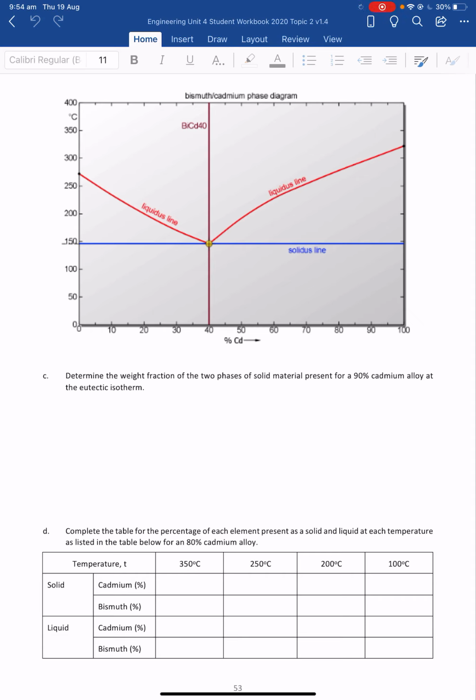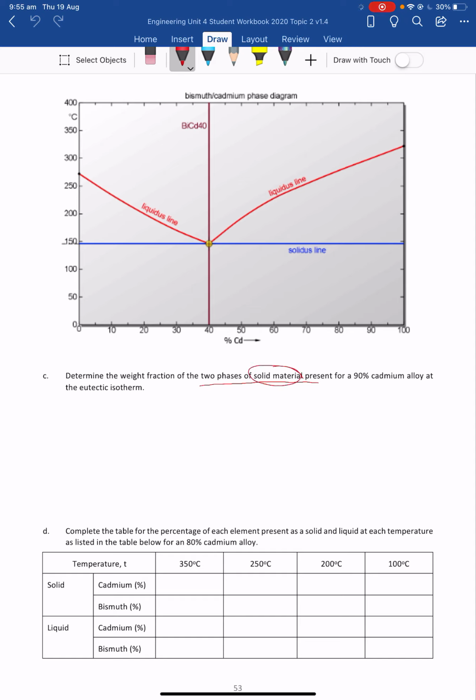Now for parts C and D of this question, we're going to look at these two questions separately. Part C asks us to look at, well, what is the weight fraction of the two phases of the solid material present for 90% cadmium?